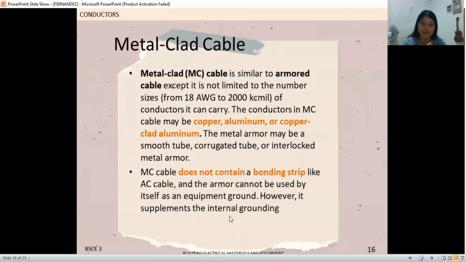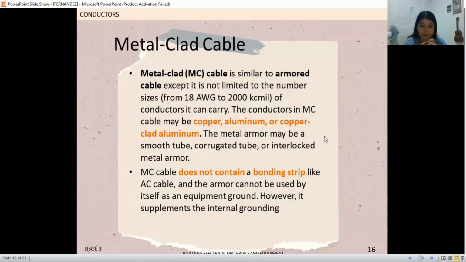Next one is the metal-clad cable. So metal-clad cable is similar to armored cable, except it is not limited in the number or size of conductors, from 18 AWG to 2000 kcmil. It can carry the conductors, and MC cable may be copper, aluminum, or copper-clad aluminum.